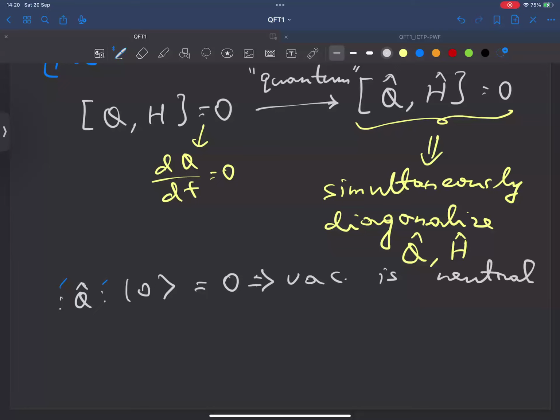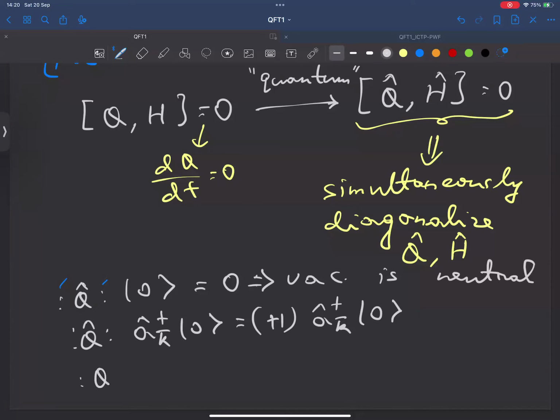And if you act with the A excitations, then you will get a +1. Again, these are all vectors. I might miss that at times, but remember that this ladder operator is labeled by a 3-vector k, and you act these on the B's, then you'll get a minus sign.